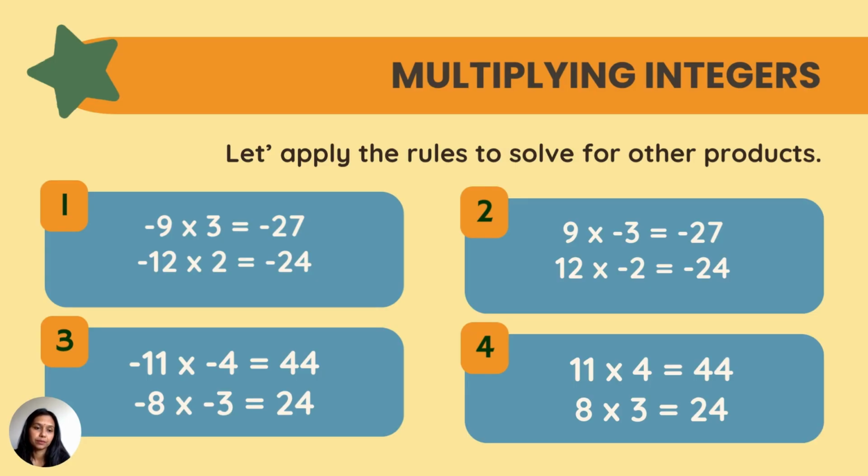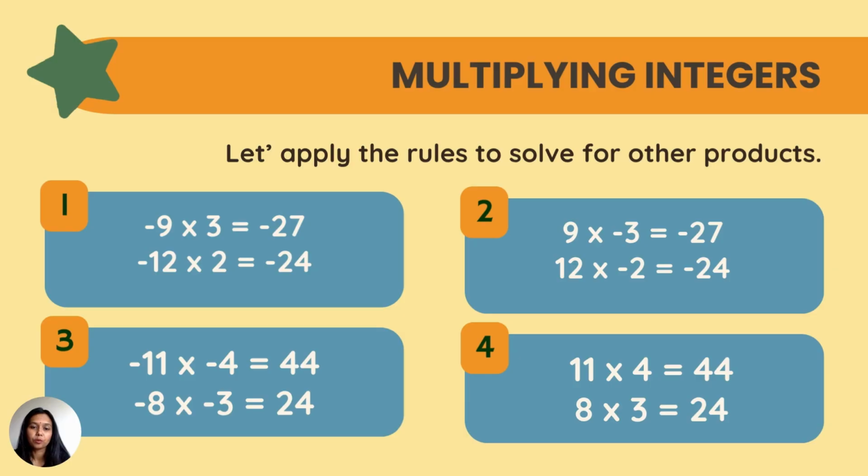Let's look at number 3 now. We've got a negative 11 times a negative 4 is equal to a positive 44. Remember the rule? Negative times a negative gives us a positive answer. Let's look at the second one. We've got a negative 8 times a negative 3, which means we're going to have a positive answer. So 8 times 3 gives us 24.